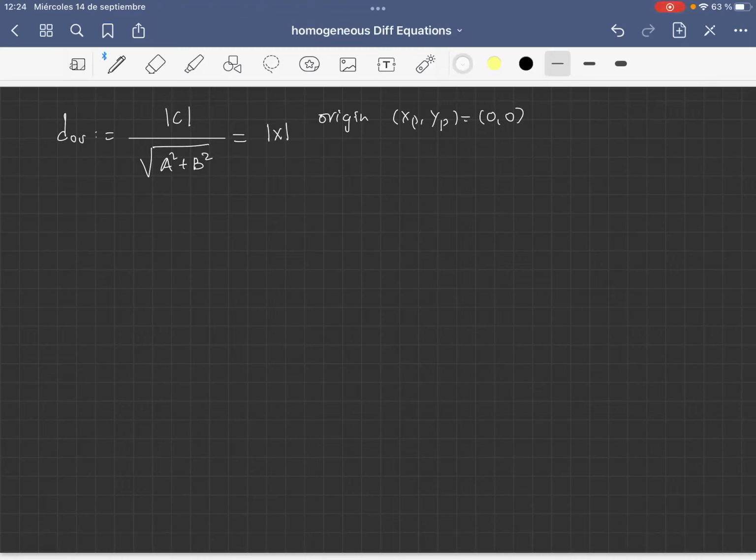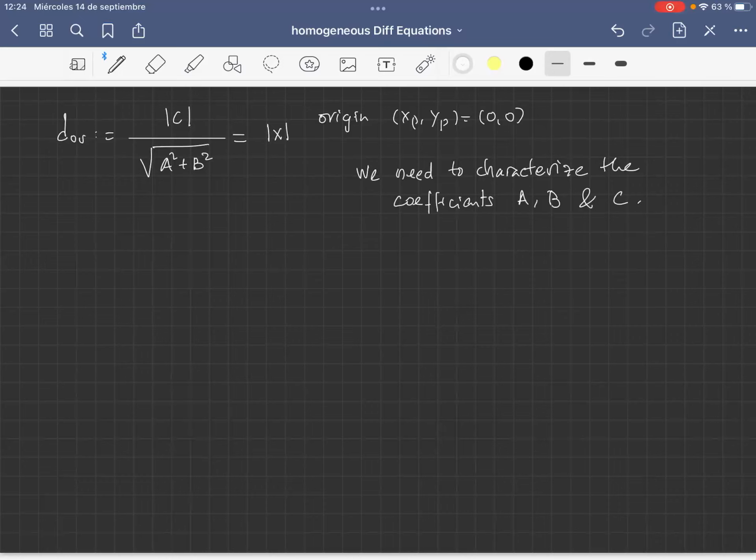So what do we need now? We need to characterize the coefficients A, B, and C. How do we do that?